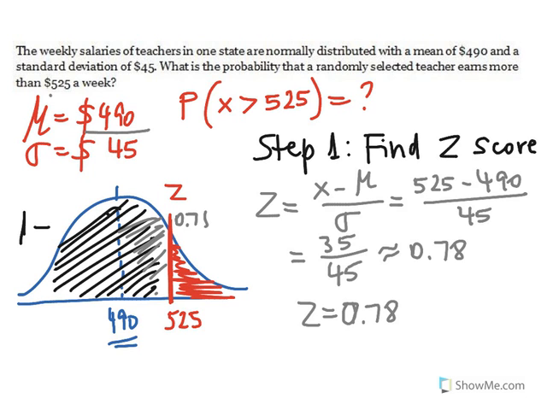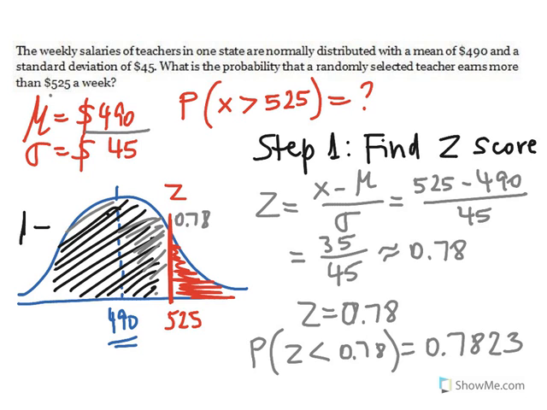So now we need to find the area associated to the left of this 0.78. So we go into the textbook and we find in the table that the area to the left of z, 0.78, will be 0.7823. So this probability right here is 0.7823. But actually, the question asks, what is the probability that a randomly selected teacher earns more? So we want this area here.